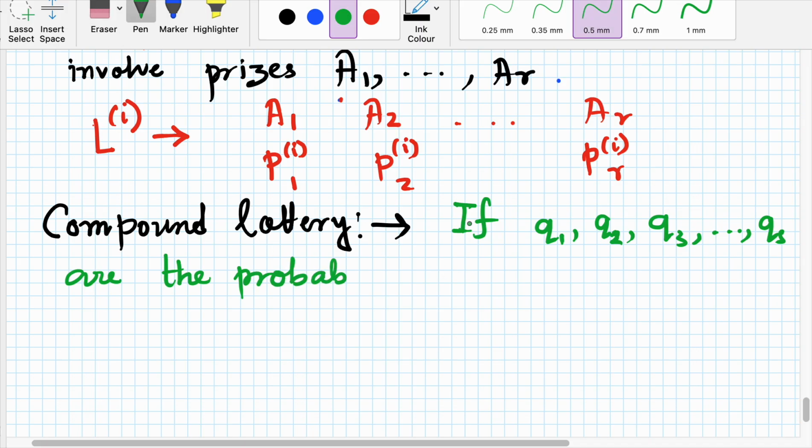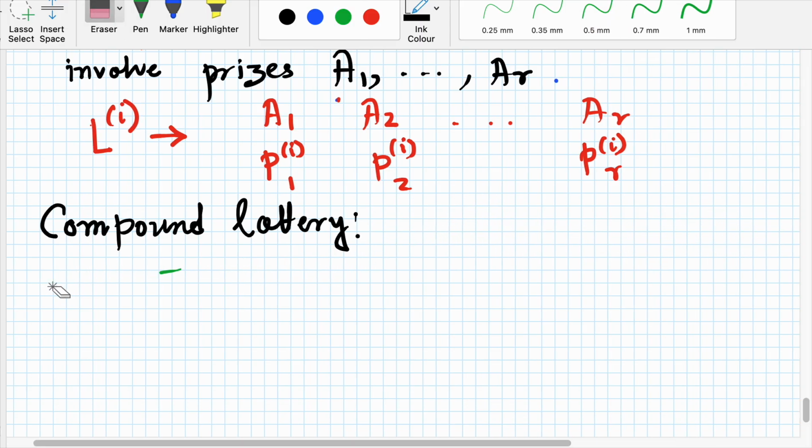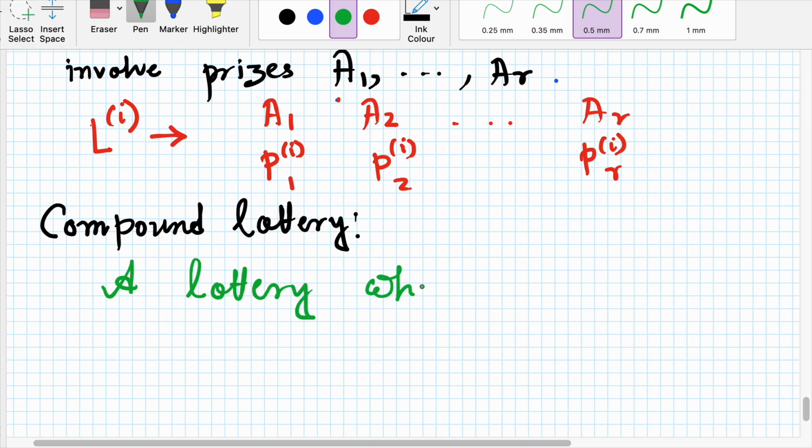So basically a compound lottery means a lottery whose prize is a lottery.